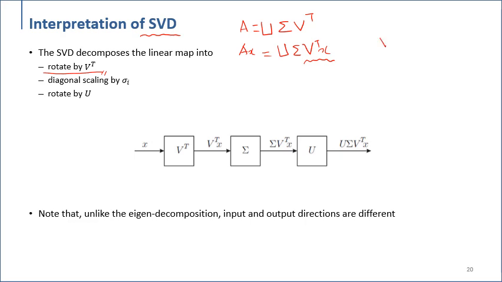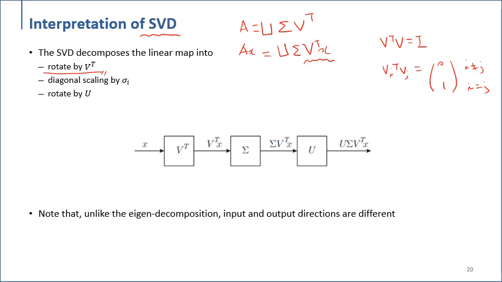Here we know that the V matrix is an orthogonal matrix, so the inner product between two vectors can simply be written as 0 or 1, and when i is equal to j, its inner product is 1.